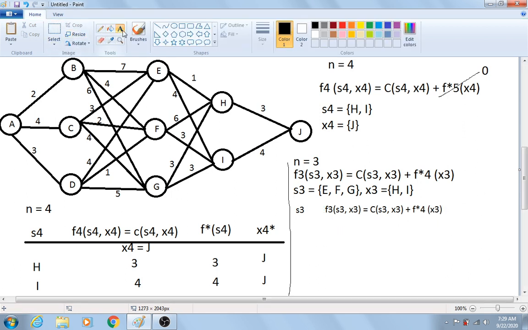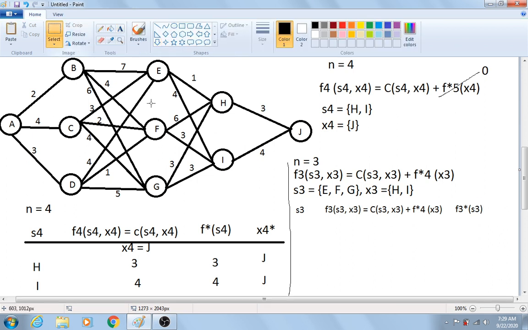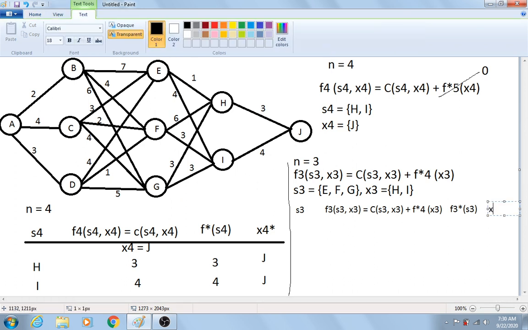Okay, and then we need to find what is the minimum cost if we are at a particular position, and that is F3 star S3. And then for the lowest cost for that particular position, we need to determine what is our destination.